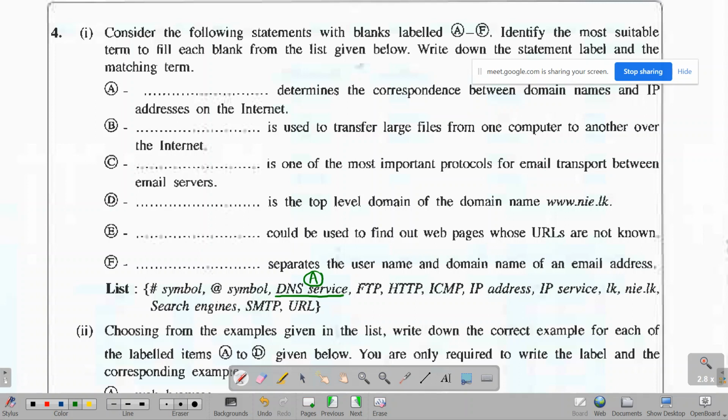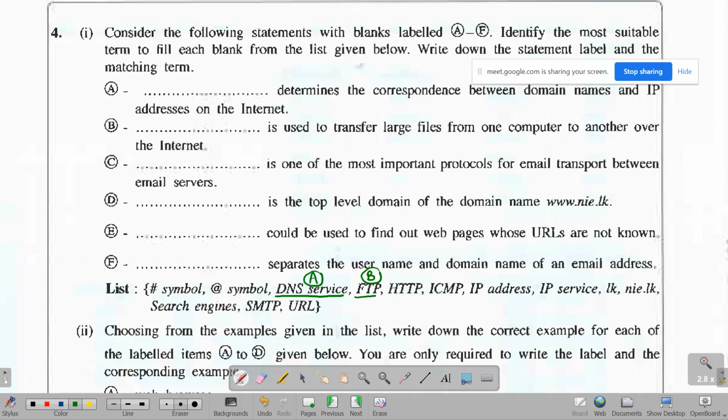The next one: blank is used to transfer large files from one computer to another over the internet. So we use FTP, file transfer protocol, to transfer large files from one computer to another. So FTP is going to be the answer for part B. And C: blank is one of the most important protocols for email transport between email servers.